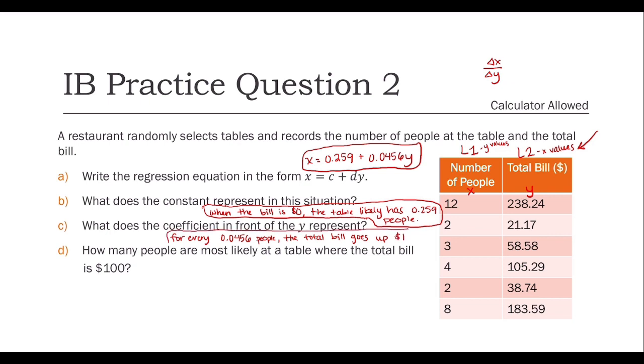So what this means is that your total bill will go up quite a bit if you just go up one person because it's a 0.0456.